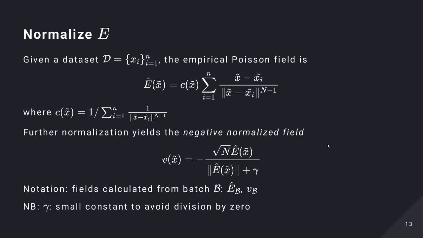Now, let's suppose we have an actual data set, x of xi's. We'll define the empirical Poisson field as e hat. Note that I have my x here, and x tilde means my data points that I've augmented with this additional dimension. And so my e hat is essentially the empirical mean of the Poisson field. I'm just evaluating x minus xi over the norm of x minus xi to the n plus 1.